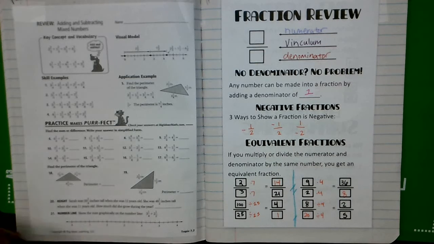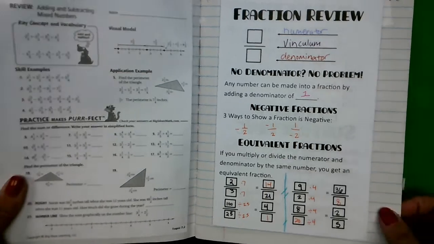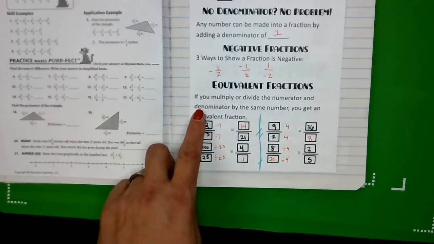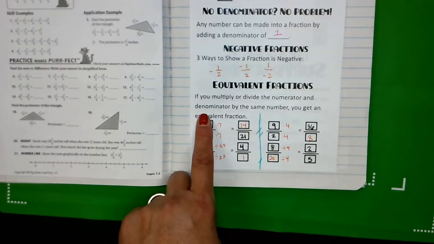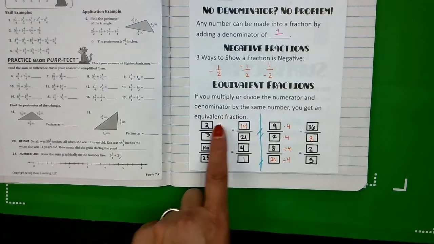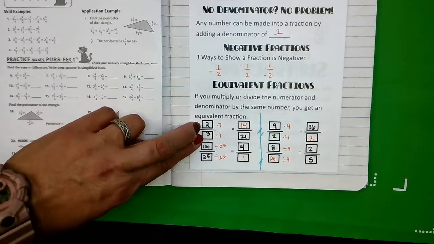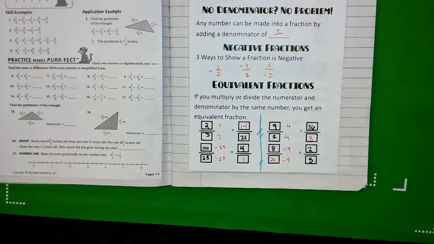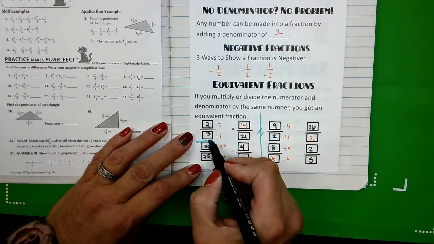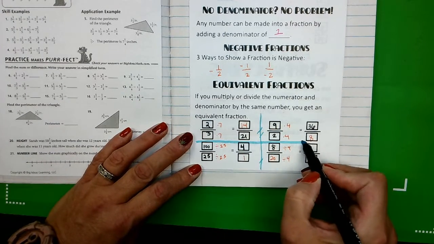So speaking of equivalent fractions, just a reminder on how to handle those. If you multiply or divide the numerator and denominator by the same number, you get an equivalent fraction. So I started with 2/3 right here. And maybe I should even add another line here in the middle to separate my examples.